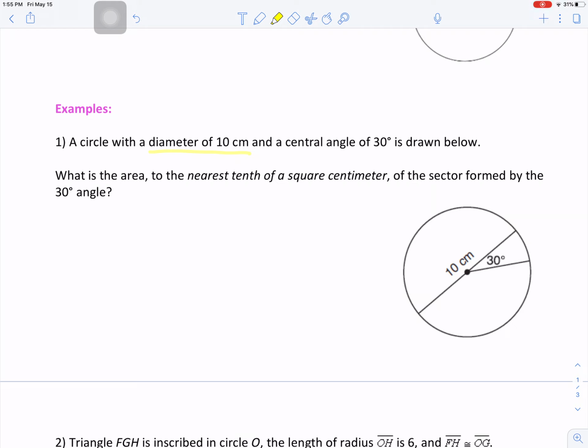Your circumference formula could be diameter, but if you work always in radii, you won't make a mistake. You need it for volume. Radius is just the best way to go, okay? So the first thing you're going to do in this problem, as good students of geometry, is say they gave me a diameter. I know the radius must be 5 centimeters, half of the diameter.